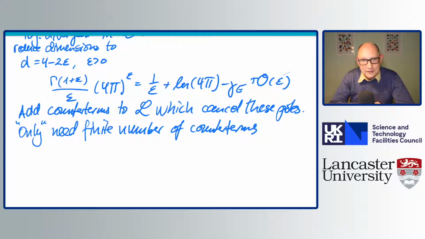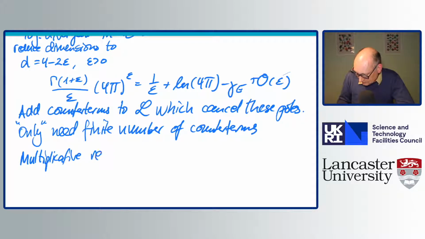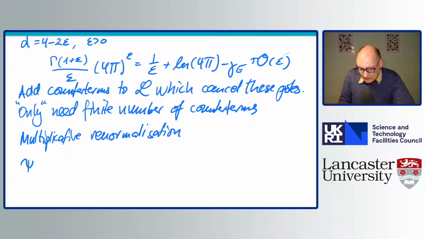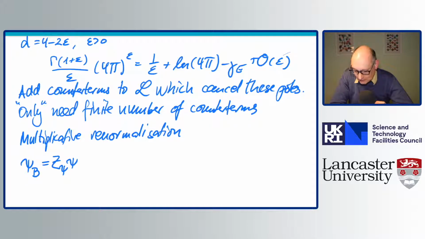So what do these counter terms look like? Well, essentially, what we have to do is to use multiplicative renormalization. Which just says that every time we see the field, the bare field in the Lagrangian is actually some multiplicative factor that depends on epsilon times the physical field psi, the fermion field.